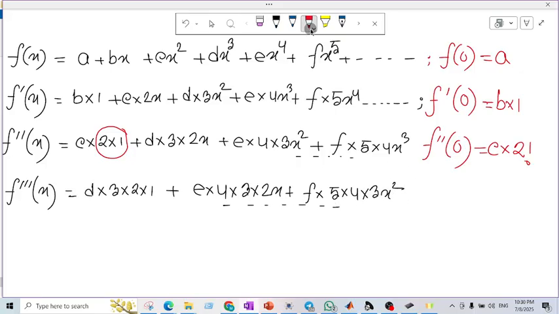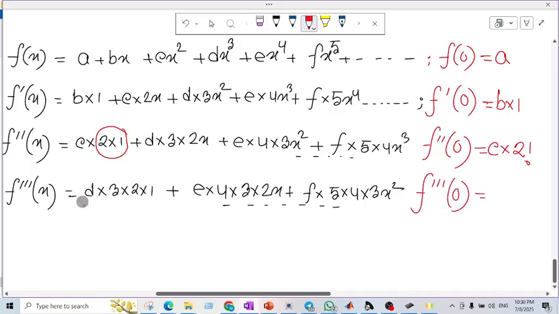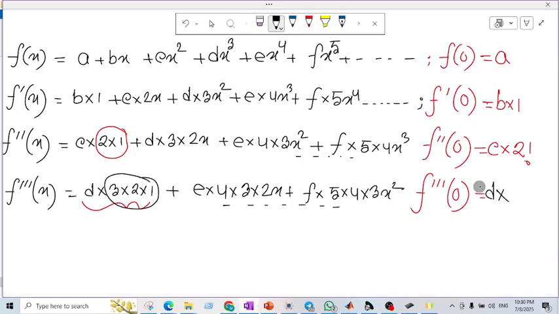Okay, now if I take again here x is equal to 0, only first term will remain, so this is actually d into 3 factorial, right? So we have to write here 3 factorial, and I think you understand the pattern. So 1 is also equal to 1 factorial, so 1 factorial, 2 factorial, 3 factorial.